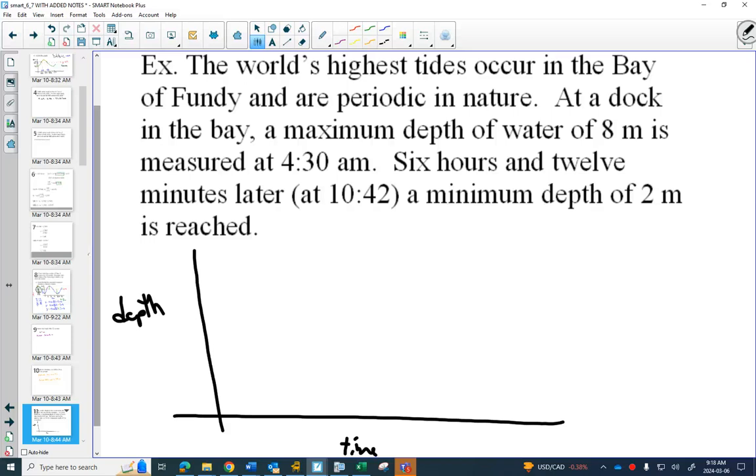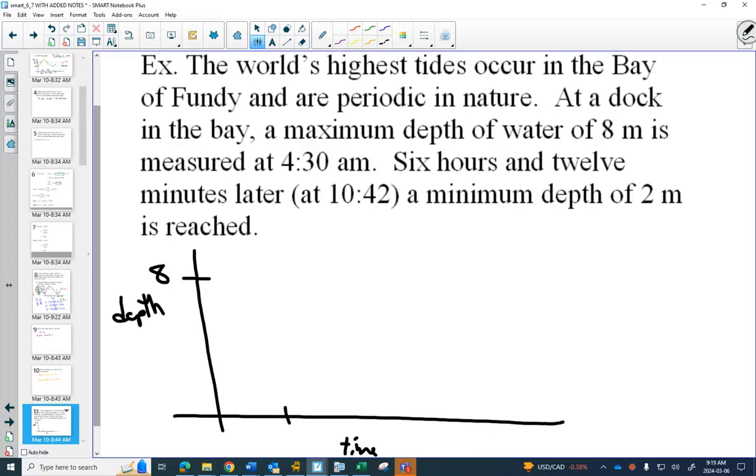Right? Some people sometimes would like to draw this so that this is your water level and have your graph below the axis so you can actually see depth. Right? Then you'd have negative values, but I'm just going to keep depth and say we have a maximum depth at 4:30 a.m. at 8 meters. So I'm going to put 8 meters right here as my maximum, but I'm not going to write 4:30 right here.